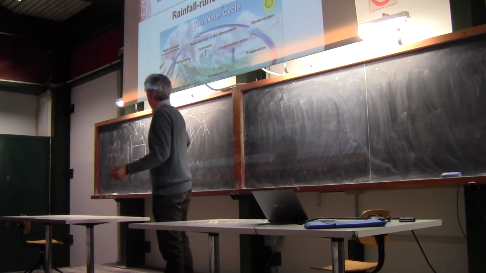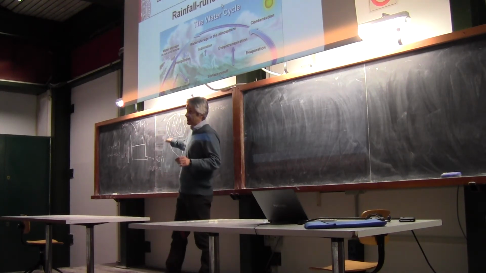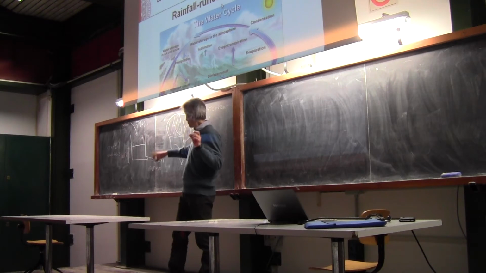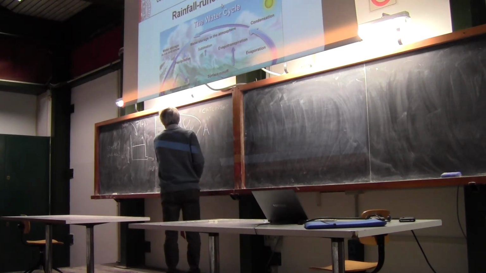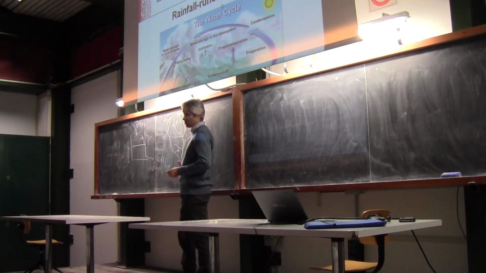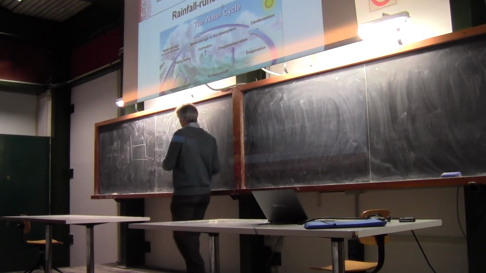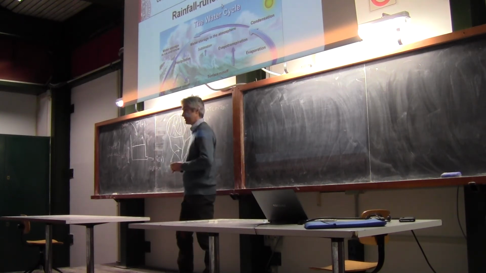How to identify a catchment? Typically, you follow the divide. So you start from the closure, and you follow the divide between two hill slopes. One hill slope flows toward the river that I'm considering, and the other hill slope flows in another direction.